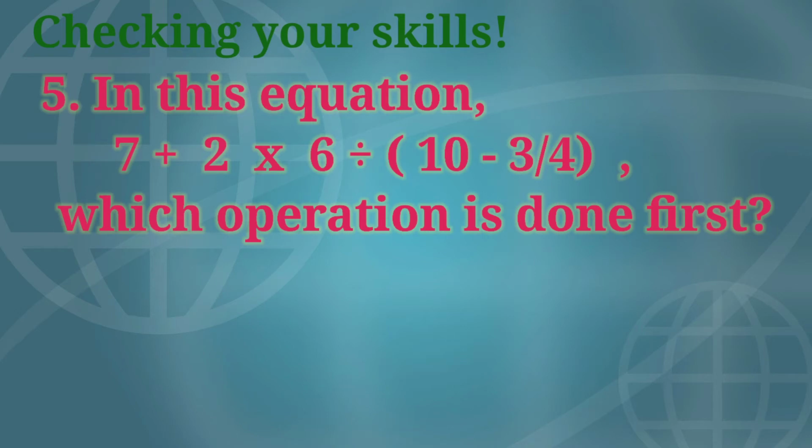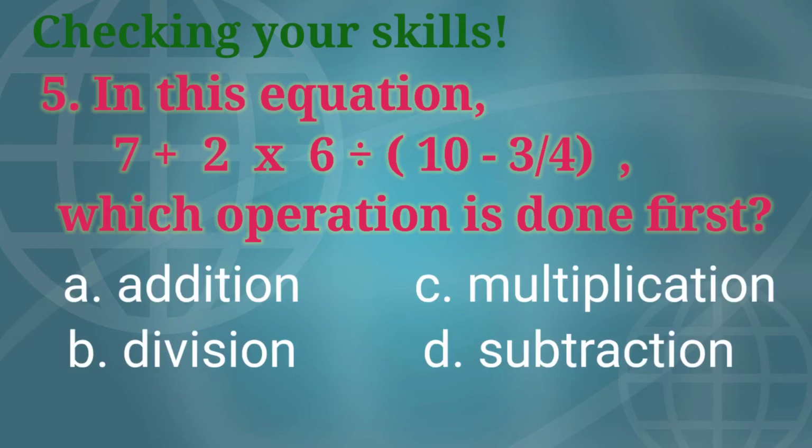Number 5. In this equation, 7 plus 2 times 6 divided by the quantity, open parenthesis, 10 minus 3/4, close parenthesis. Which operation is done first? A. Addition.